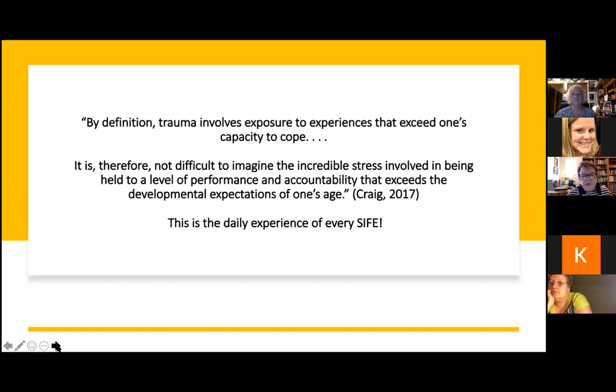This is a daily experience for the SIFE student, coming into class and sitting for 6 hours listening to words that you don't understand, trying to understand the body language of the other students and the teachers, looking at the board and not being able to read what's on the board. So all these things are very, very traumatic to these students.